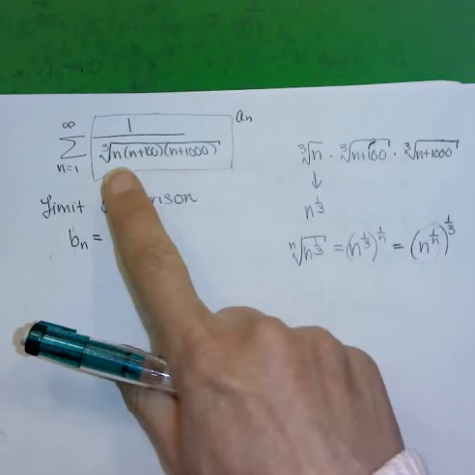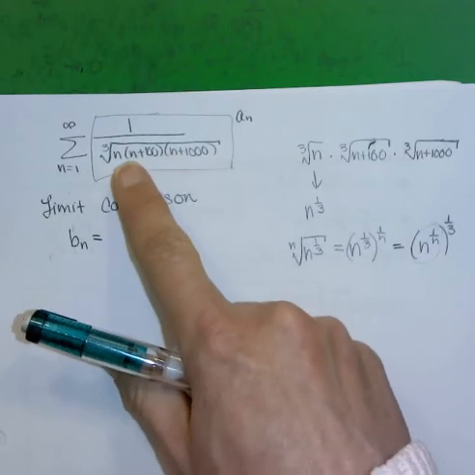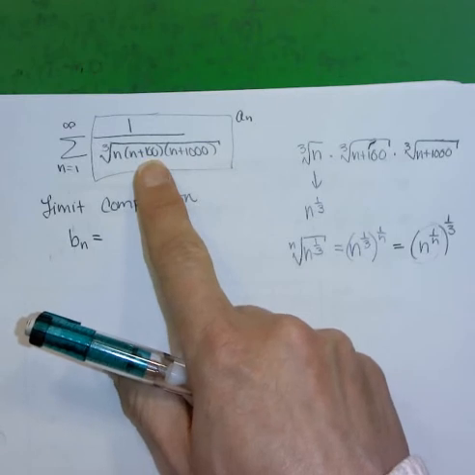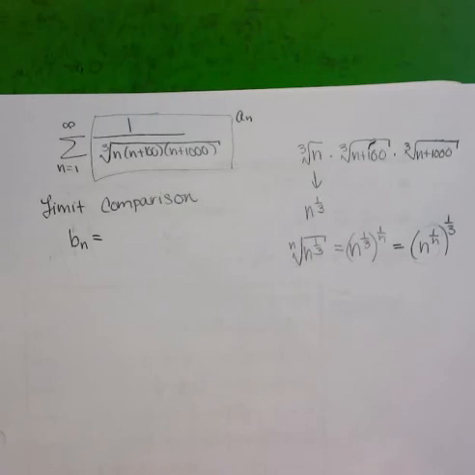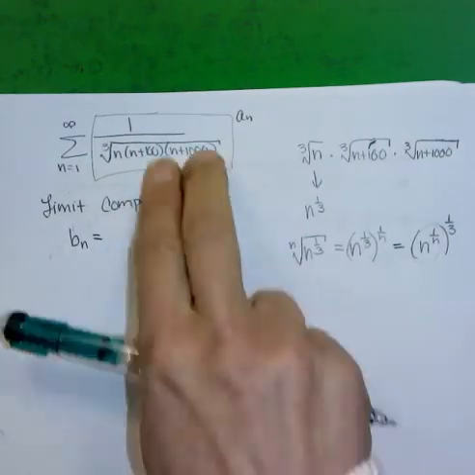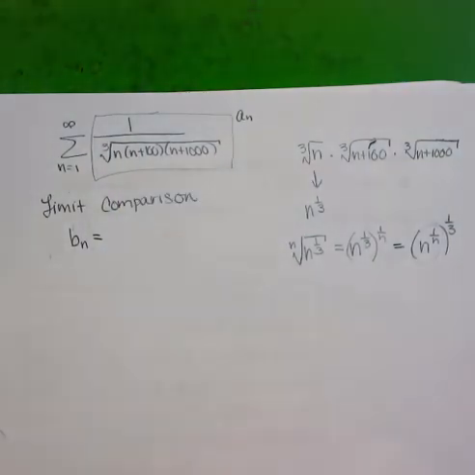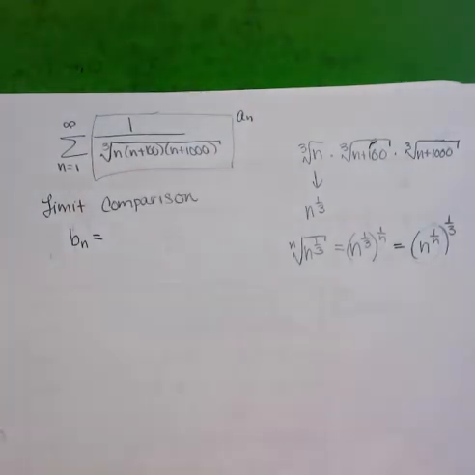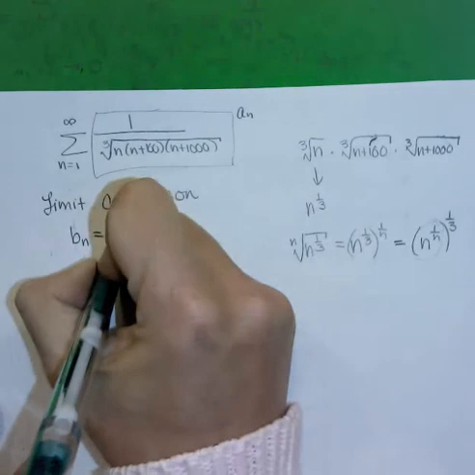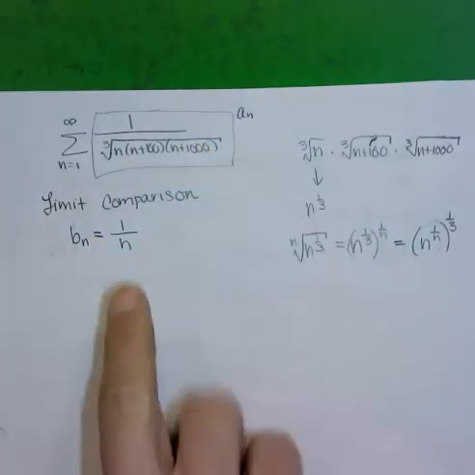If n is 5 billion, it doesn't matter too much that you're adding 100 or even 1,000. So when n is really large, it's almost like the 100 and 1,000 have no effect. All that really matters are the n's. So it's almost like we just have n cubed under the radical. But 1 over the cube root of n cubed is 1 over n. So I think this series is going to behave like this series.